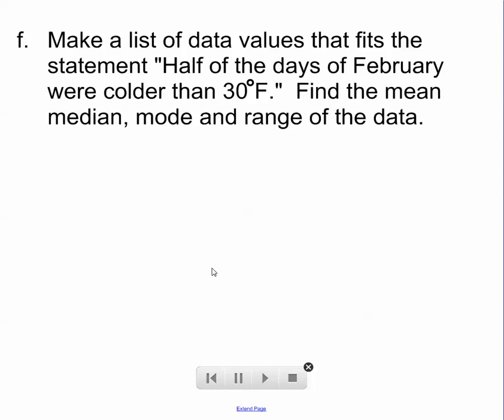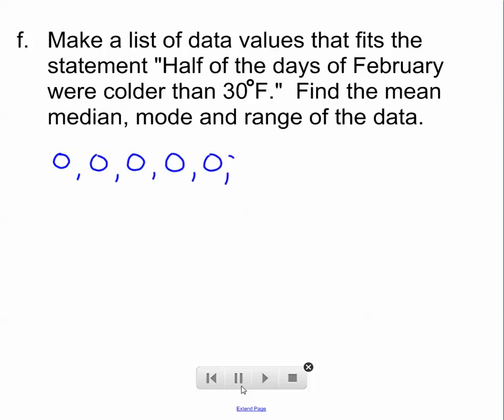Make a list of data values that fits the statement. Half of the days of February were colder than 30 degrees Fahrenheit. Find the mean, median, mode, and range of the data. Well, we could all create different sets of data that satisfy the statement. Half the days of February were colder than 30 degrees Fahrenheit. You do need to know one thing. There's 28 days in February, at least on non-leap years. So here we go.